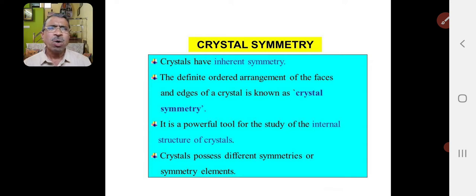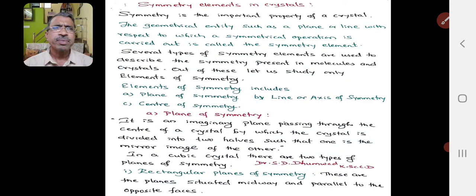The definite ordered arrangement of the faces and edges of a crystal is known as crystal symmetry. It is a powerful tool for the study of the internal structure of crystals. Crystals possess different symmetries or symmetry elements.